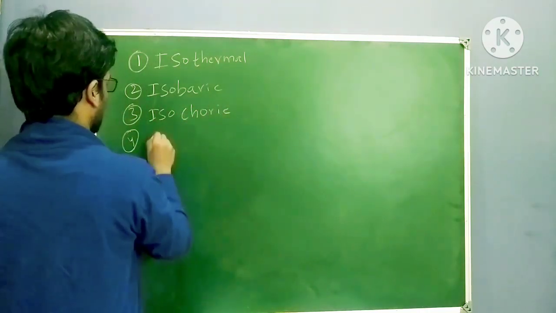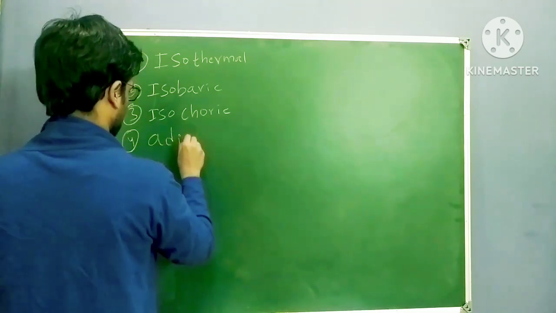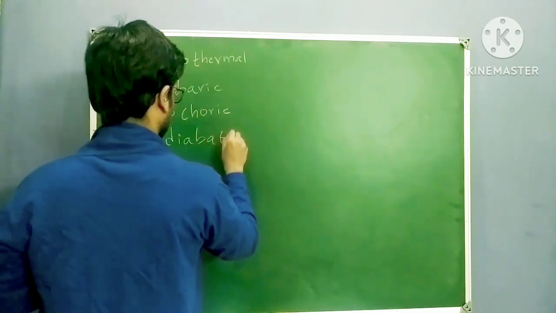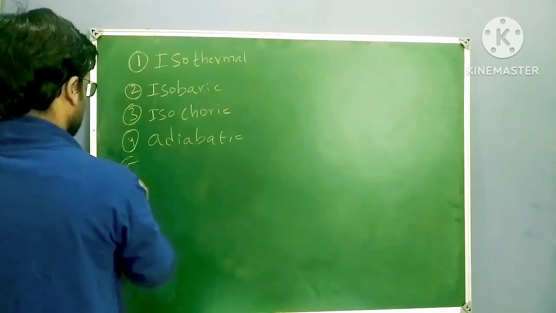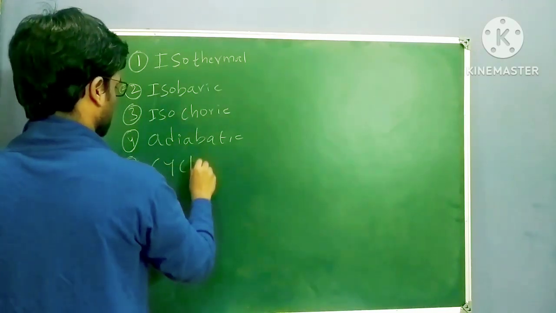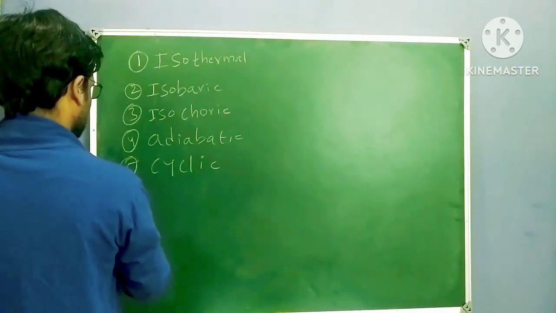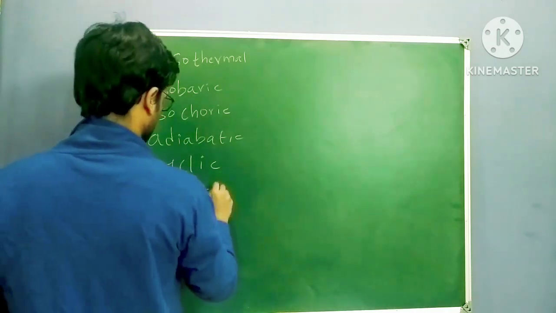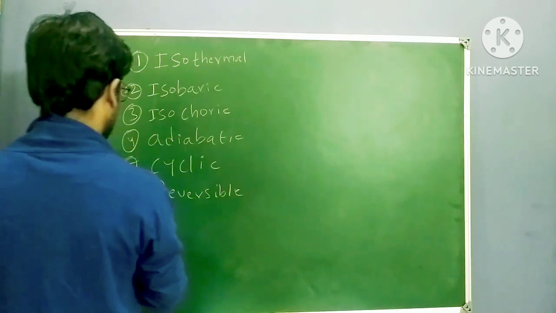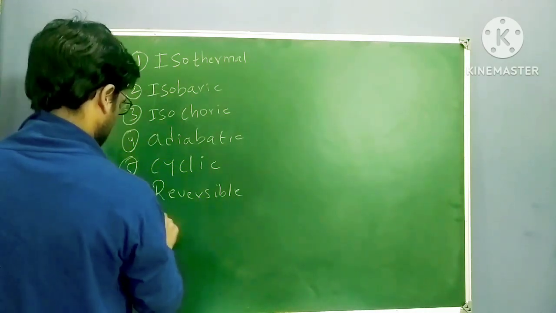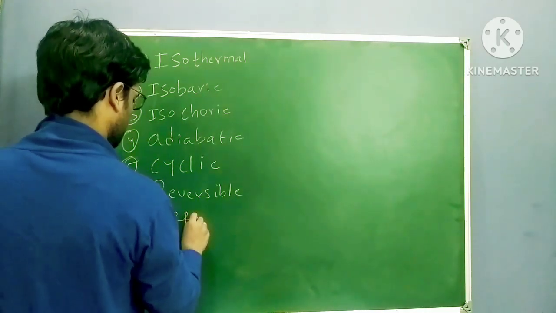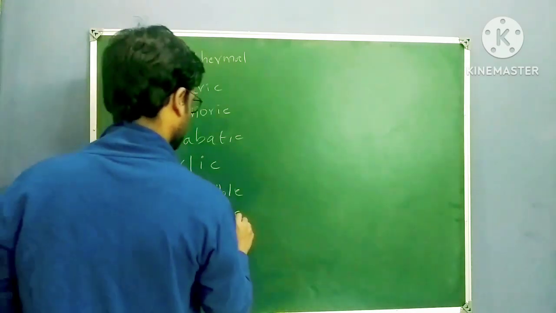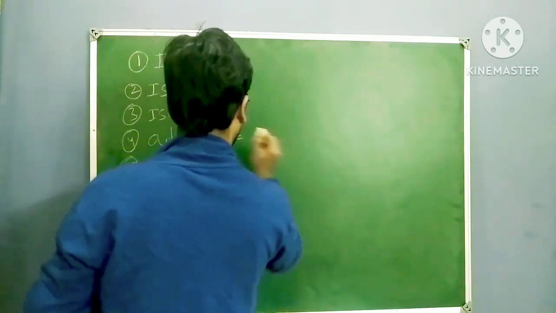Fourth, adiabatic process. Fifth, cyclic process. Sixth, reversible process. And seventh, irreversible process. Right? Okay.